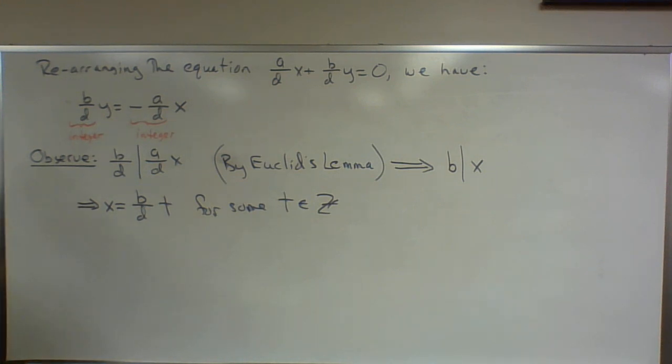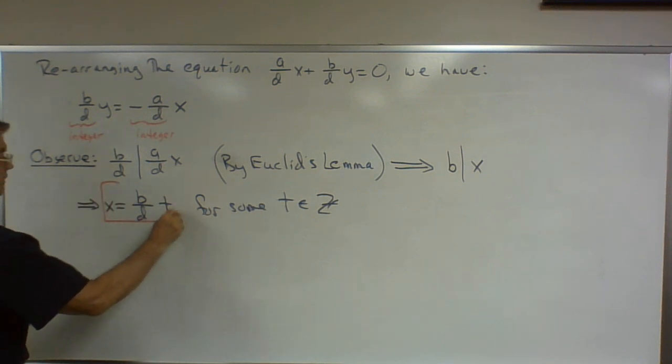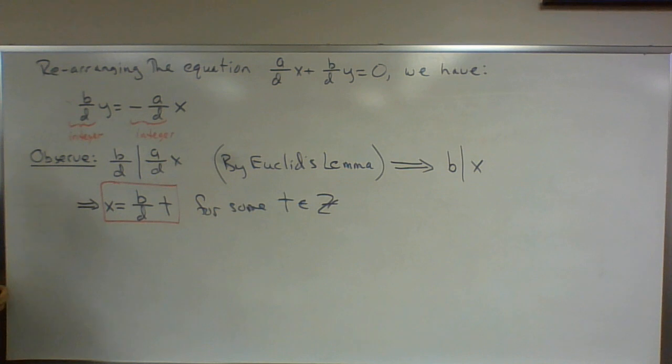Now this is half of what we wanted. We wanted to show that x has to be equal to b over d times t. We've got that. Now we have to show that y equals negative a over d times that same integer t.